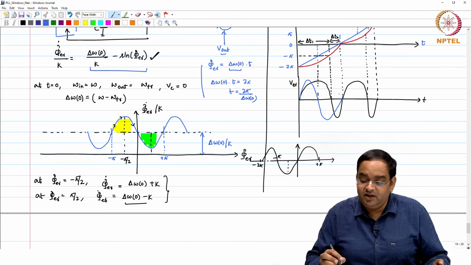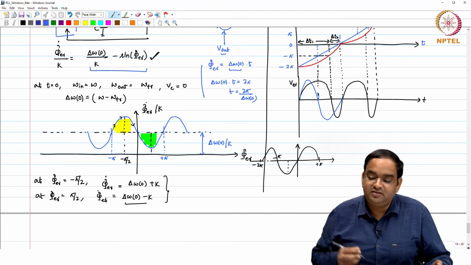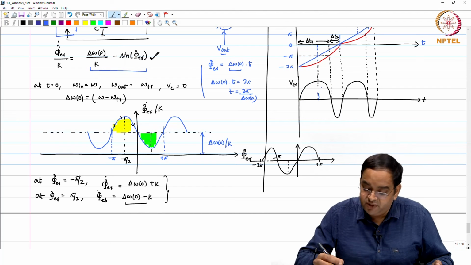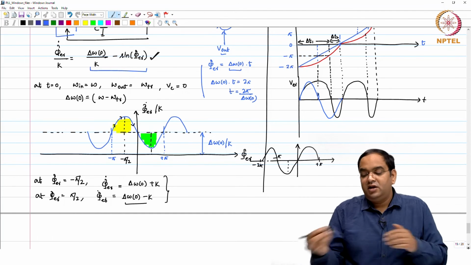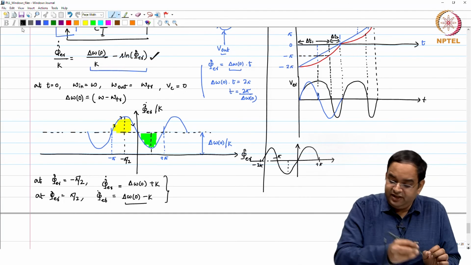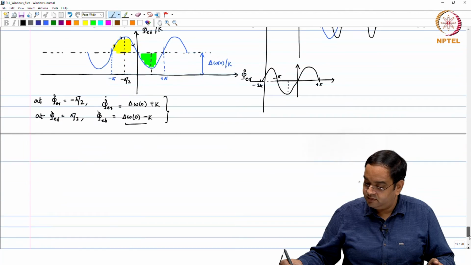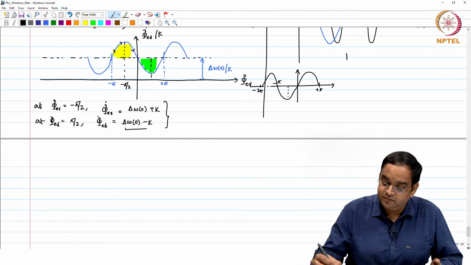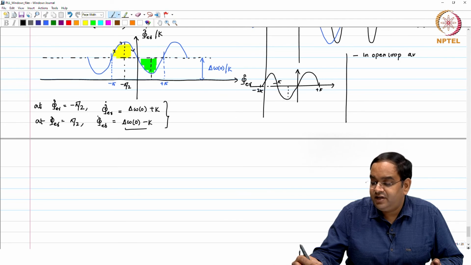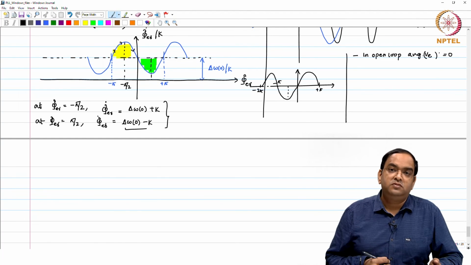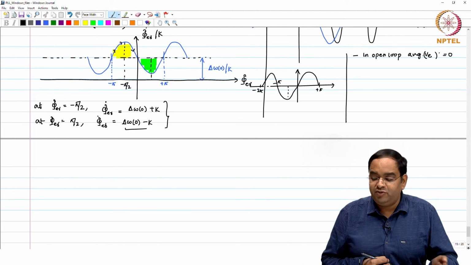On the plot you do not see it, but this has a 0 average. This is like a sine wave, okay, and it is repeated. So, the difference is, in open loop, average of V error is equal to 0 for any given frequency error.